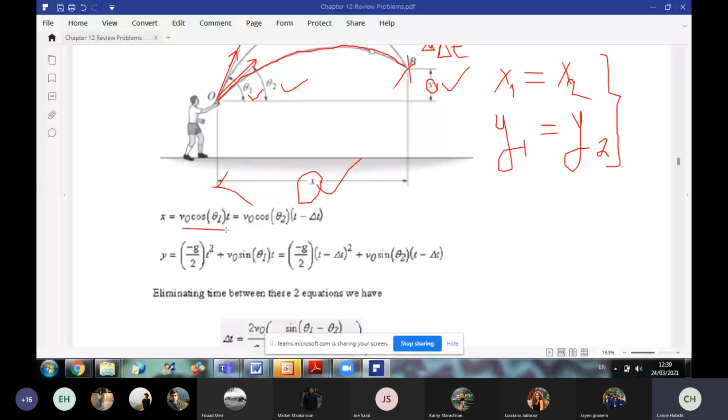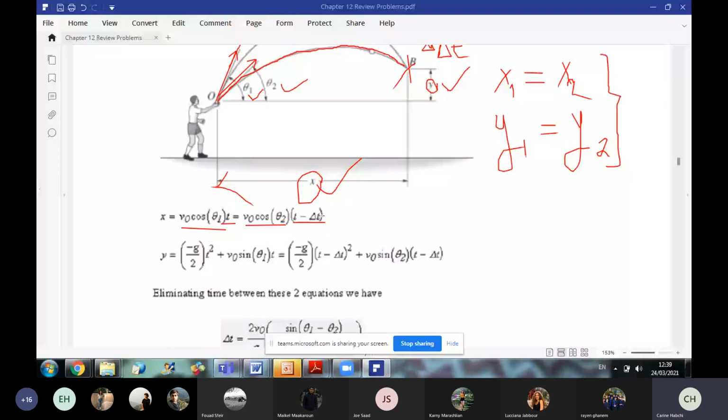The second difference is that the chronometer time equal 0 corresponds to the start of motion of particle 1. So time t represents the total time of motion of particle 1, while particle 2 is thrown after a certain time step delta t. This is why, for particle B, the time of motion will be t minus delta t.